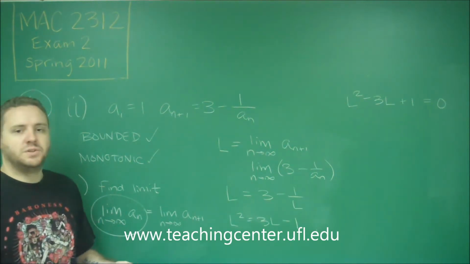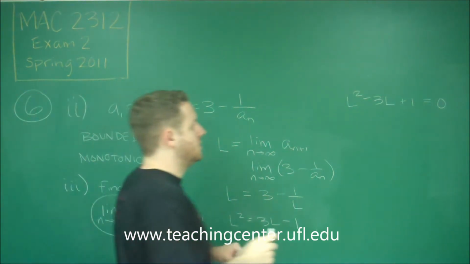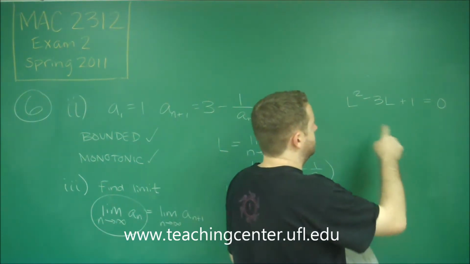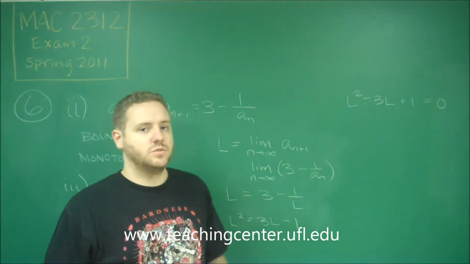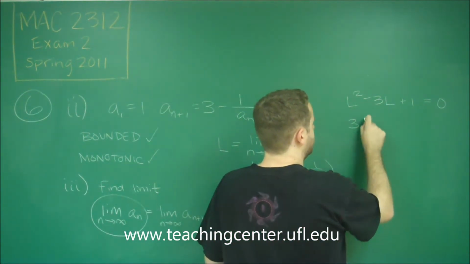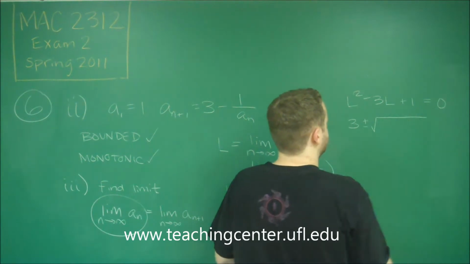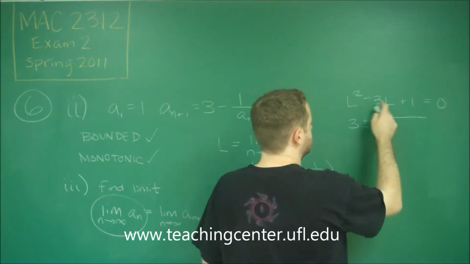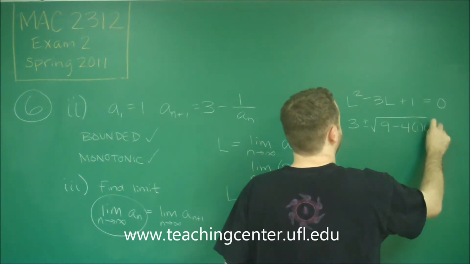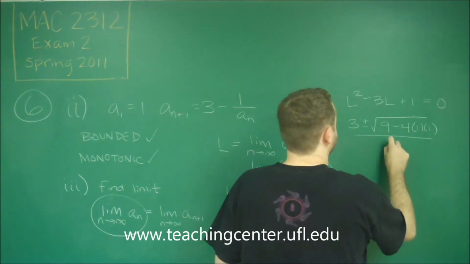So we need to figure out which of these it is. Here we're going to need to use the quadratic formula because this is not factorable. So opposite of b is 3 plus or minus the square root of b squared, so we have 9 minus 4 times 1 times 1, all over 2.